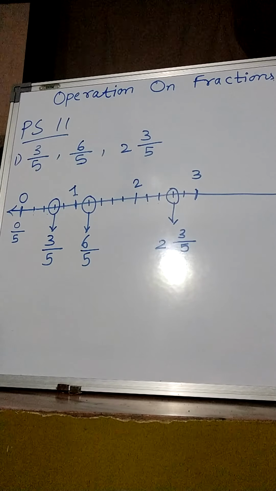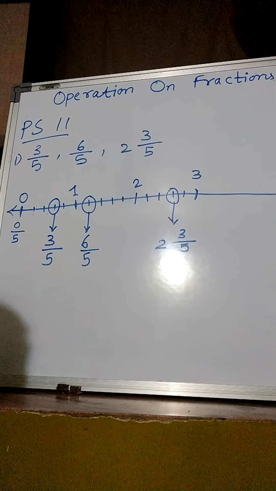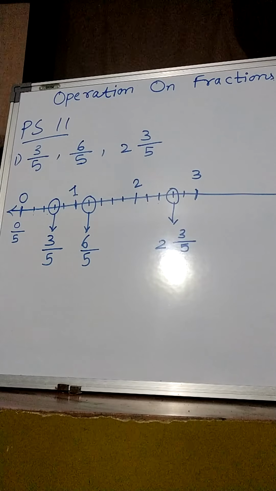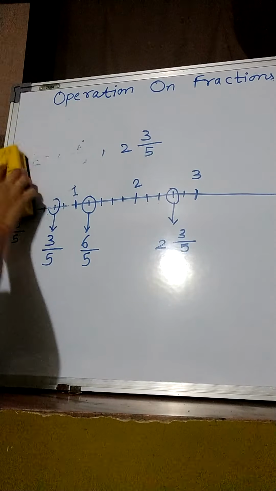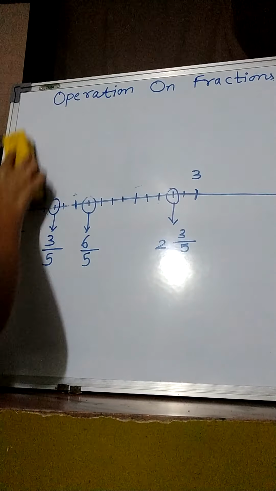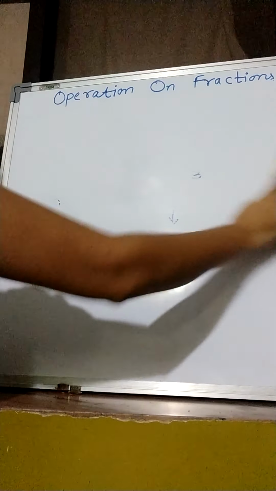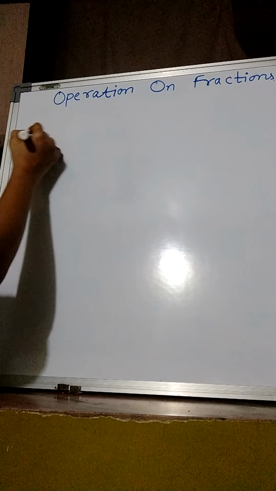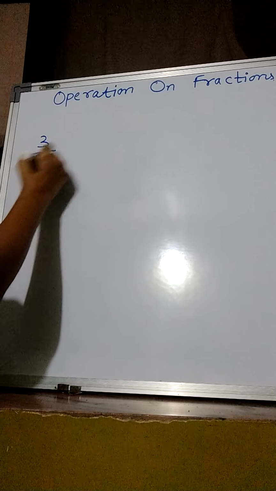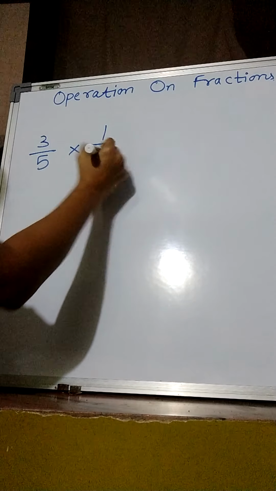Let's move to the next part, that is multiplication of fractions. Multiplication of fractions is very easy if you remember your tables properly, and for that purpose I am telling you to write tables every day. Take one sum, 3 upon 5 multiplied by 1 upon 2.